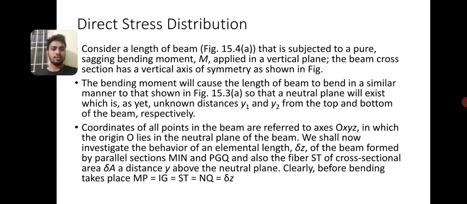Coordinates of all points in the beam are referred to axes O, X, Y, Z, in which the origin O lies in the neutral plane of the beam. We shall now investigate the behavior of an elemental length delta Z of the beam formed by parallel sections MIN and PGQ, and also fiber ST of cross sectional area delta A at distance y above the neutral plane. Clearly, before bending takes place, MP is equal to IG is equal to ST.